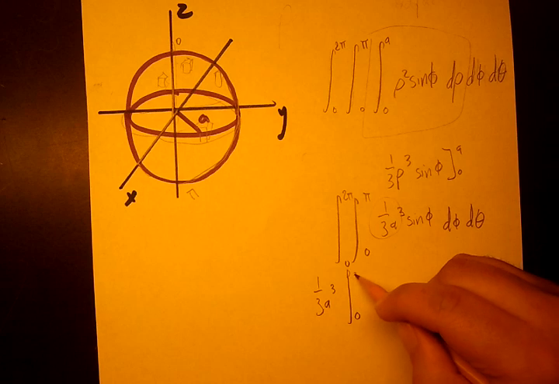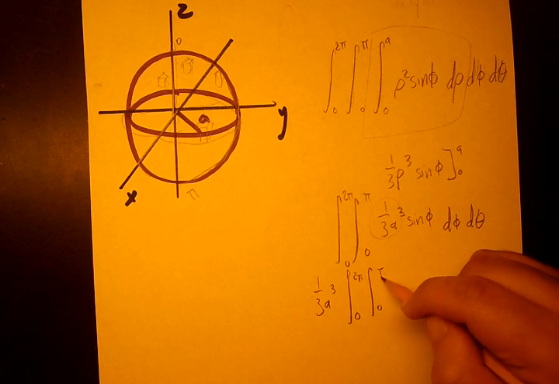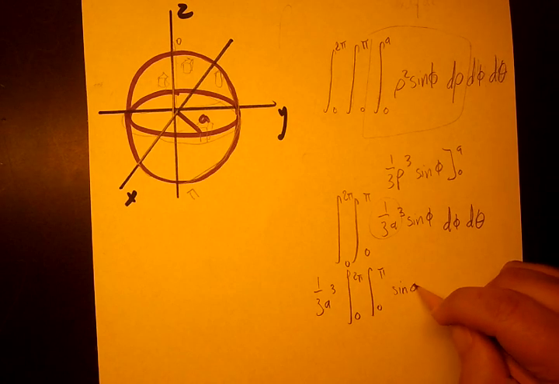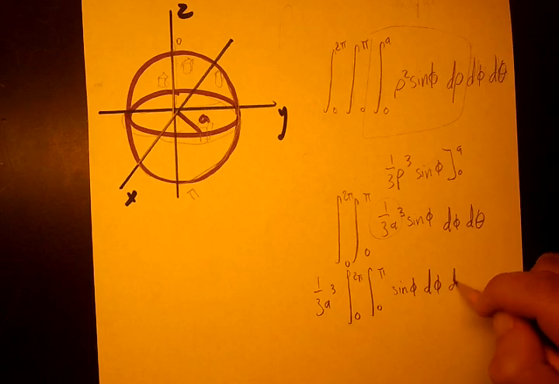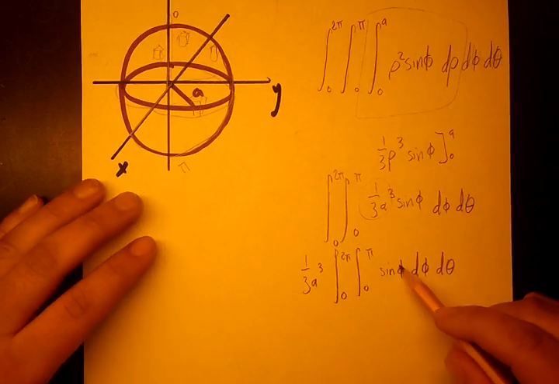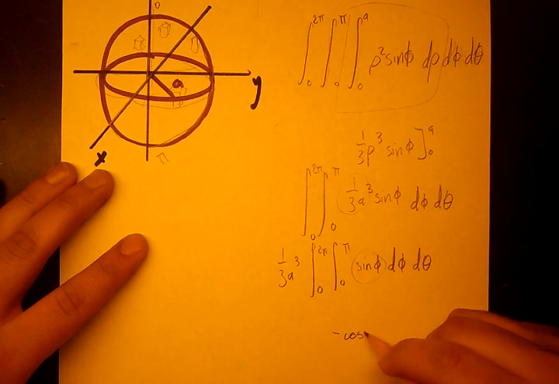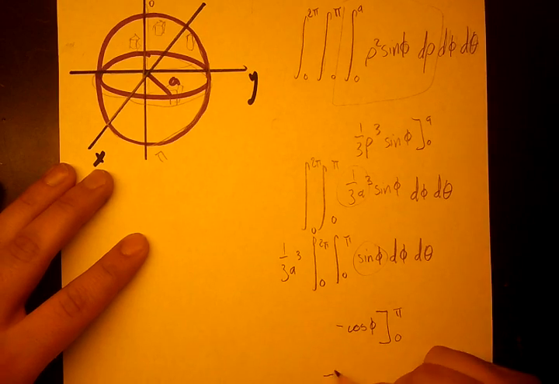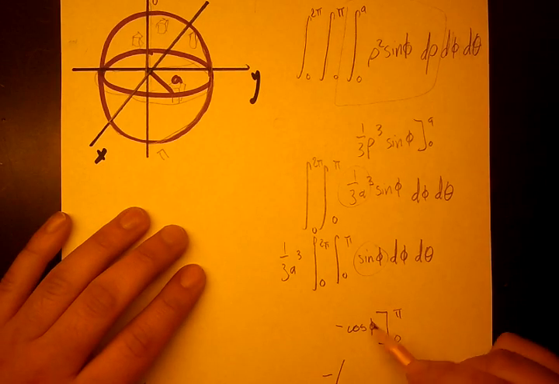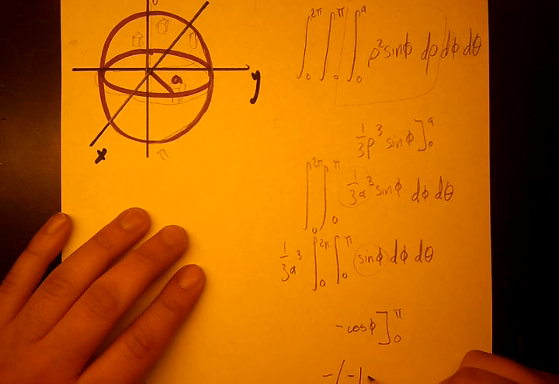And we're going to integrate from 0 to 2 pi, integral from 0 to pi, sine phi d theta. Now the integral of sine of phi is just negative cosine of phi, evaluated from 0 to pi. So move the negative outside. Cosine of pi is negative 1, minus cosine of 0, which is 1.